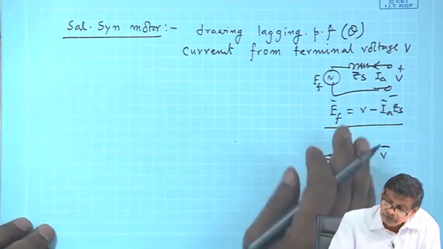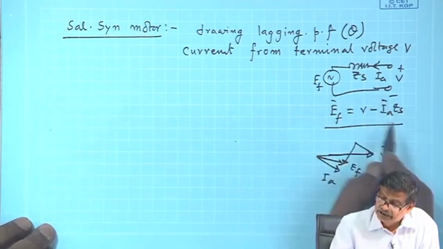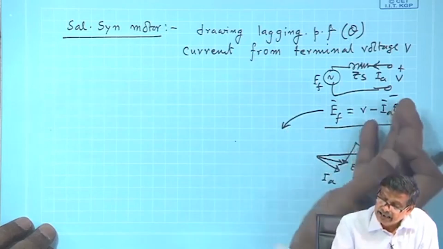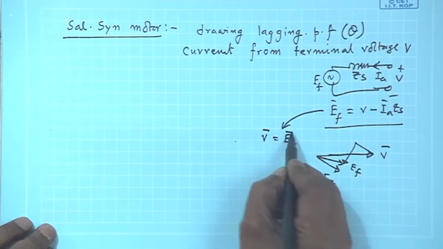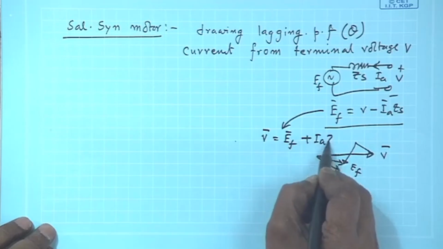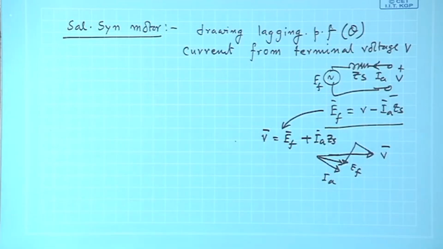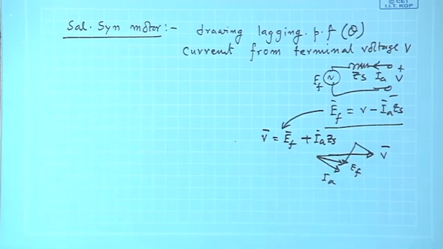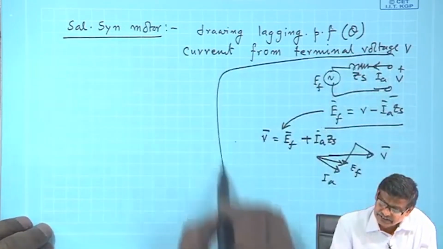But you could also draw the phasor diagram saying that okay, this is the voltage equation, which is nothing but this same equation, IAZS you bring there and say that V is equal to EF plus IAZS. Try to get this point, same equation I am doing. Then I am arguing that to draw this phasor diagram, what you do? You start with EF. Getting the point? Cylindrical machine, this discussion, cylindrical.